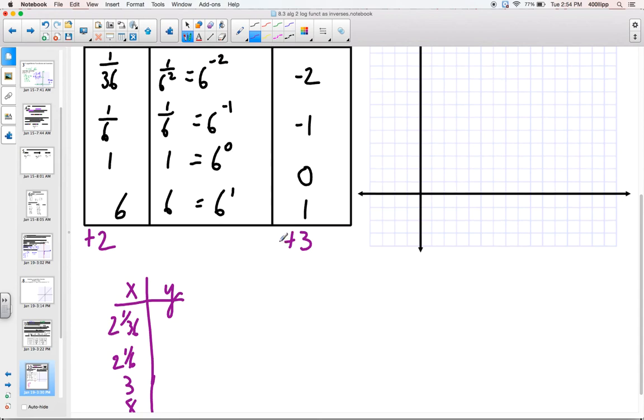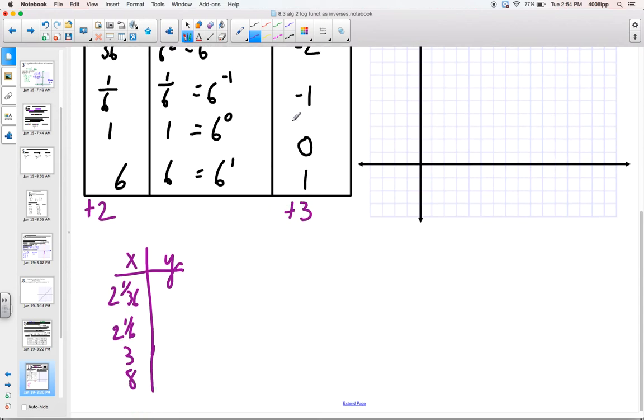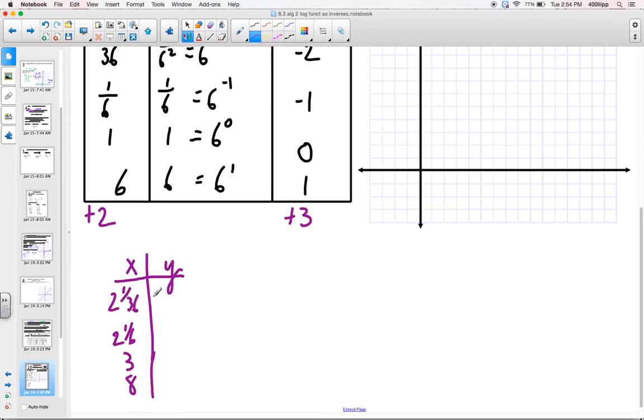Okay, let's do it for our y values now. So we have 3 minus 2. 3 minus 2 is a 1. 3 minus 1 is a 2. 3 plus 0 is 3. And 3 plus 1 is a 4. So it should look like it's taking the parent graph and moving 2 units to the right and 3 units up.